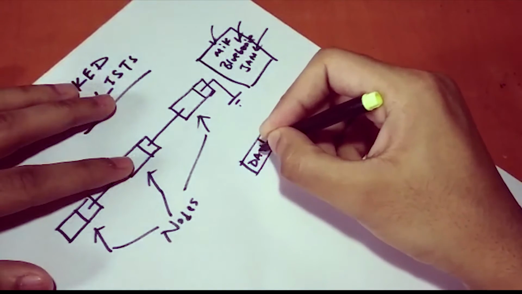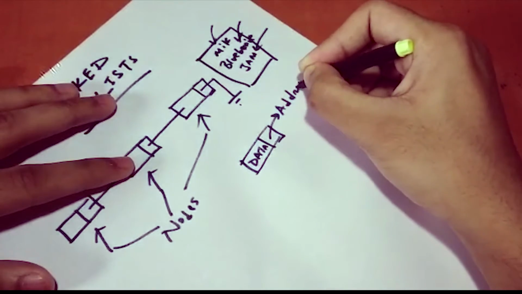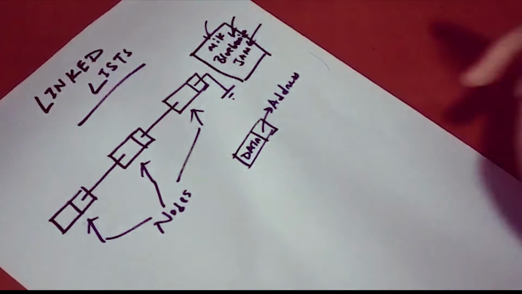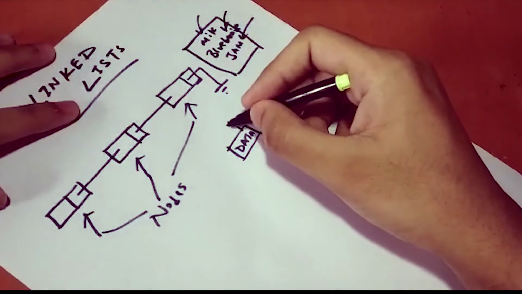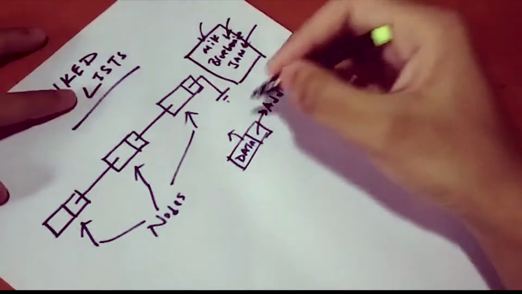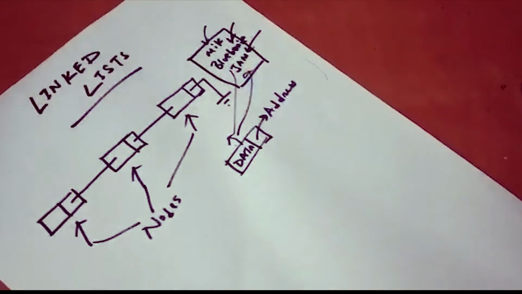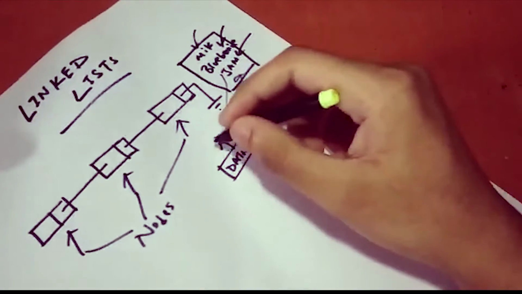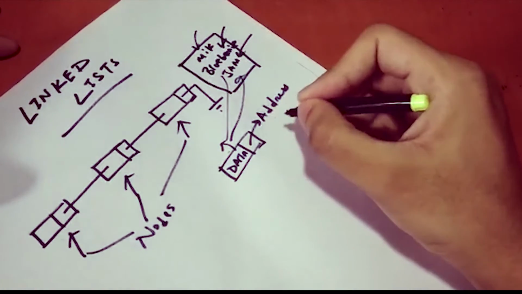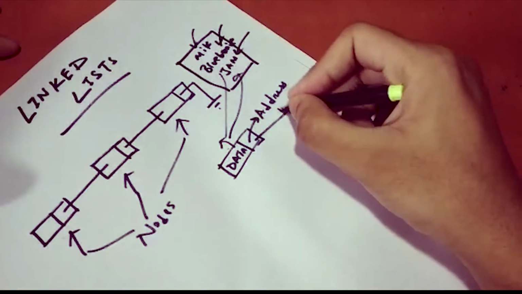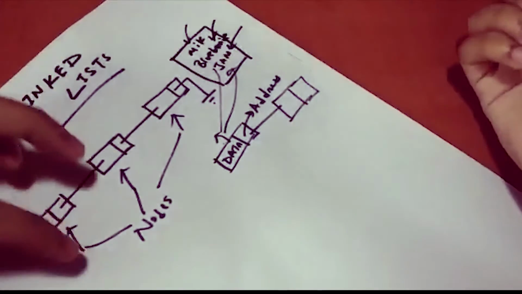One part is data and this part is address. One is the main data, like jam, blueberries, milk. So this is the data part. And what is the address part? This address part stores the address of the other node.